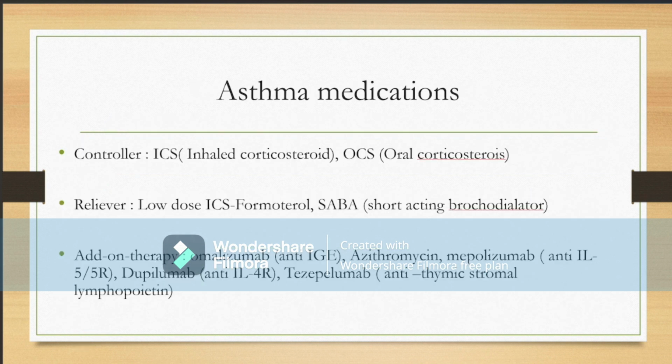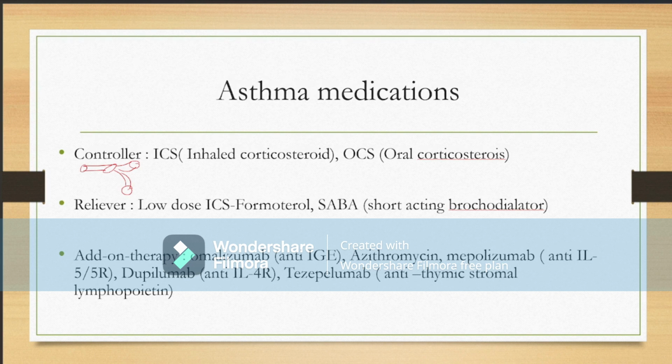Now come to asthma medication. Before going to the treatment, we have to know the asthma medication. Asthma medication is divided into three parts. One is controller treatment. What do you mean by controller treatment? Controller means to control the inflammation. As I said, there is increased inflammation by the release of mast cell and eosinophil mediators.